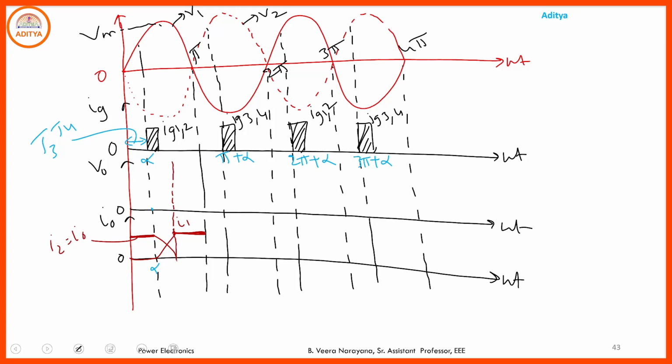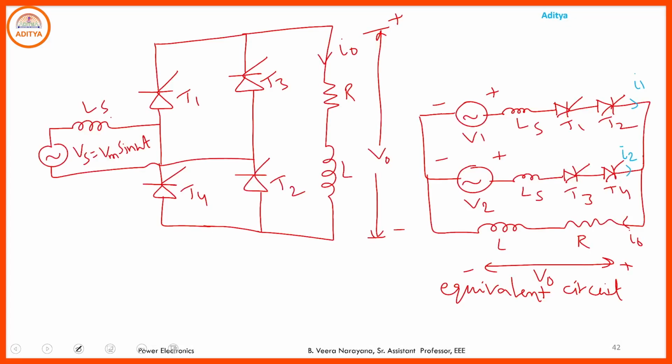But in this portion, what happens here? The current flows through T3, T4 and you have some current flowing through T1, T2. During this cross period, all are in the on state: T1, T2, T3, T4 are in the on state. So if T1, T2, T3, T4 are in the on state, what happens? This is a simple circuit with current flowing through the load.